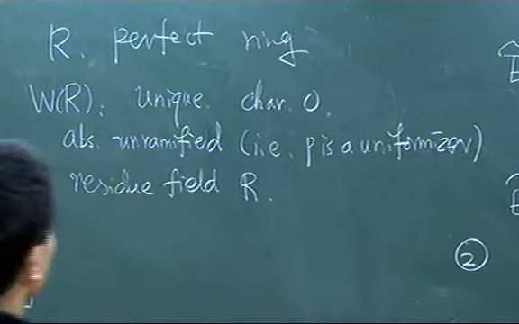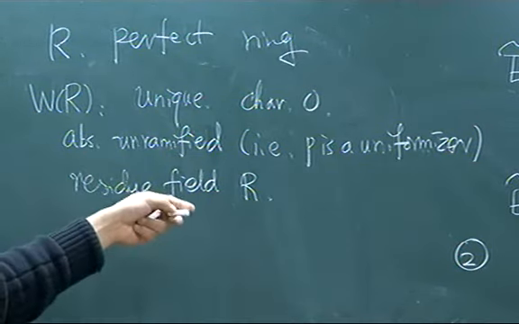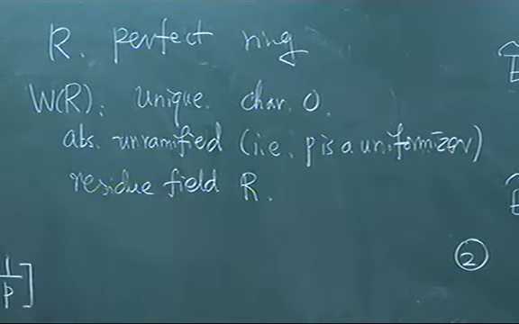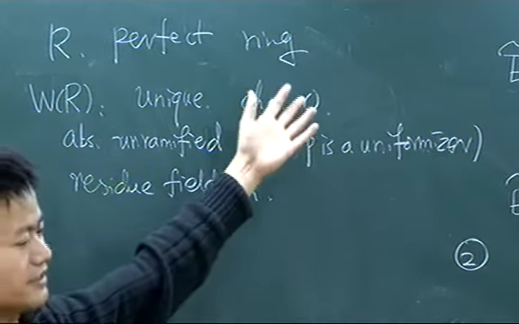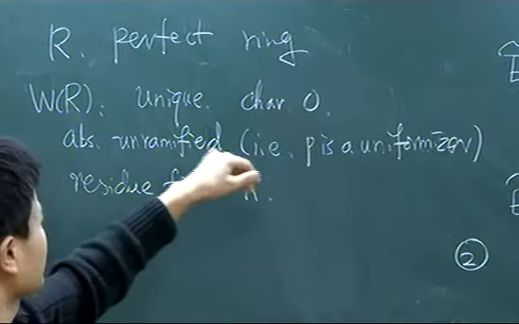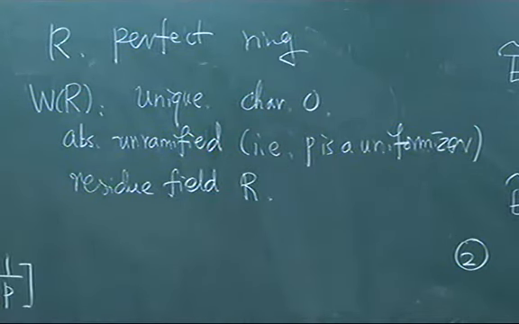So basically, if you have a ring R and want to know the properties of W(R), it's classified by this. So this is unique. Unique just means unique up to canonical isomorphism. So only one isomorphism. And also characteristic is 0, and also absolutely unramified, and the residue field is R. So this is the same thing here.